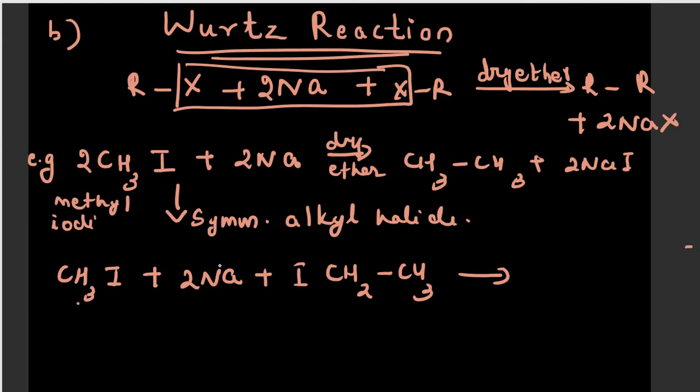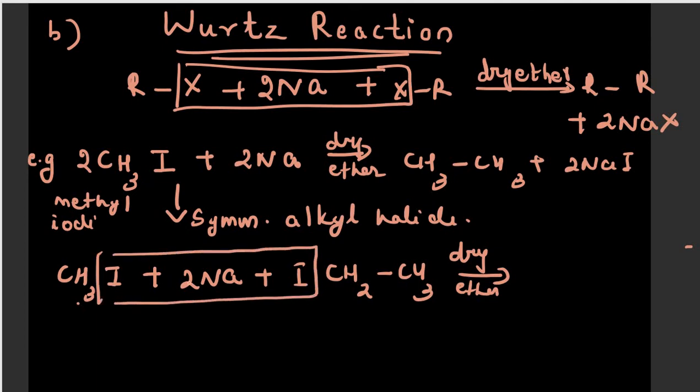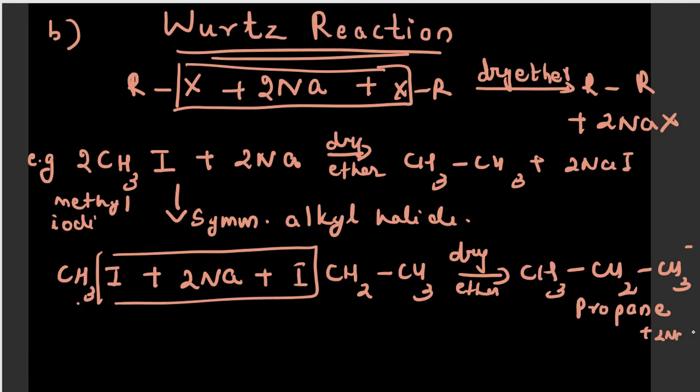This one is methyl iodide and this one is different. This is what? This is ethyl iodide. In presence of ether, we will be getting our answer as CH3CH2CH3. So in this case we have obtained 3 carbon atoms. We have got propane plus 2NaI.